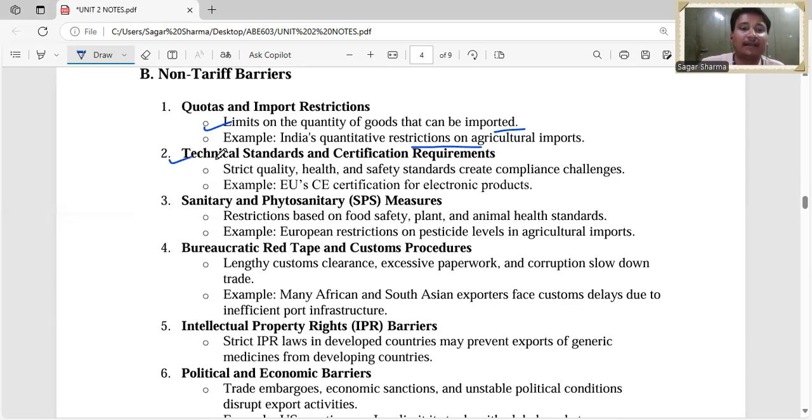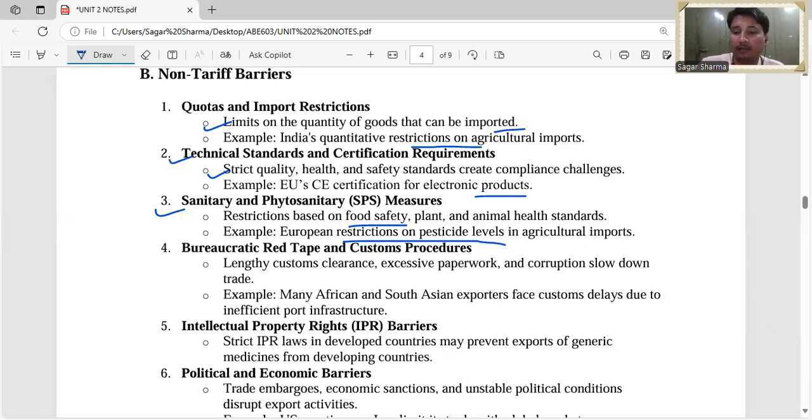Technical standards and certification requirements can also be a non-tariff barrier because they comprise strict quality, health, and safety standards. They create compliance challenges, like EU CE certification for electronic products, and sanitary and phytosanitary measures. Restrictions based on food safety, plant and animal health standards, like European restrictions on pesticide levels in agriculture imports.